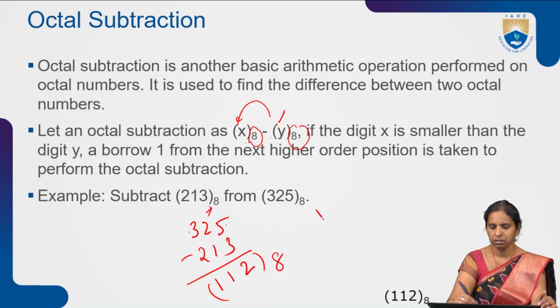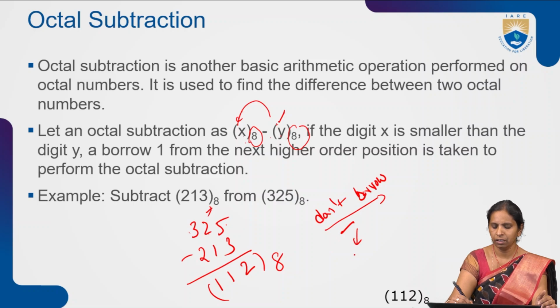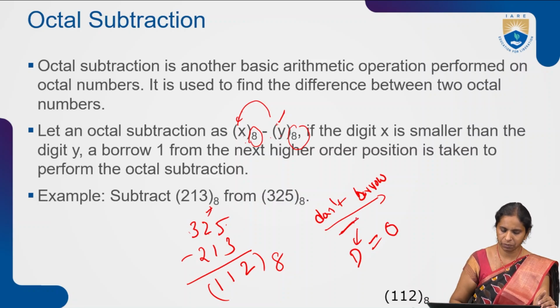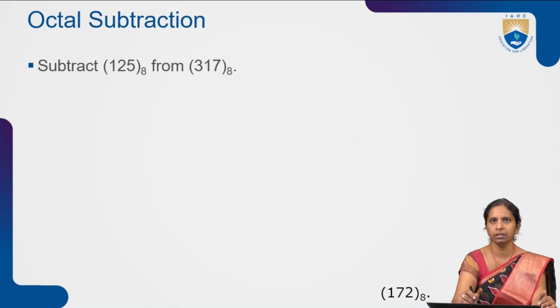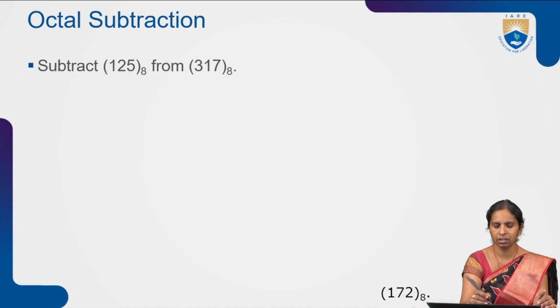Since here we don't require any borrow, the subtraction in decimal is equal to the subtraction in the octal number system if you don't get any borrow. Now, let us take one more example where you have to take the borrow from the next higher order digit.